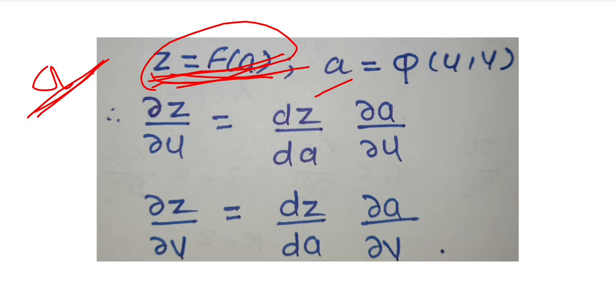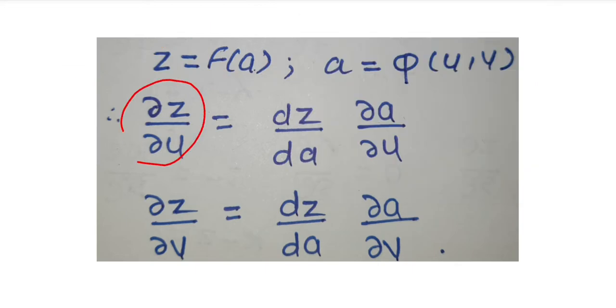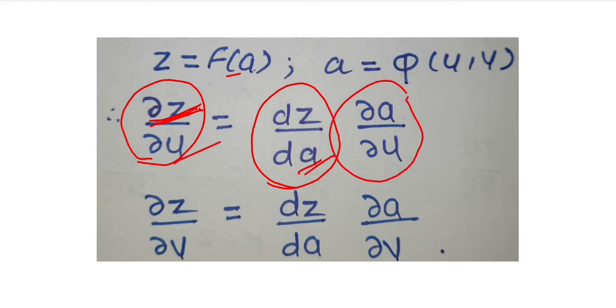But a is a function which is dependent on u, v. If we have to find delta z upon delta u, then since z is dependent on a, we will first differentiate z with respect to a, and then differentiate a with respect to u, that is delta a upon delta u.